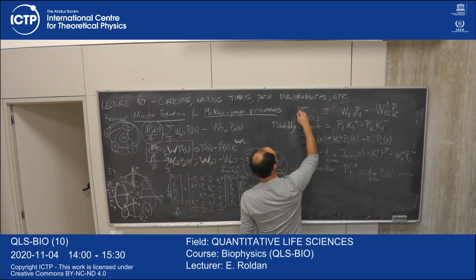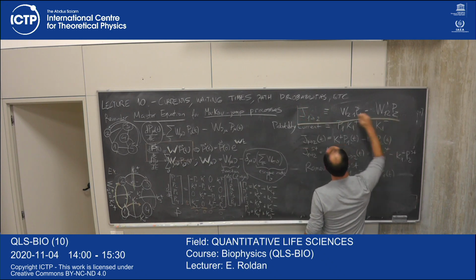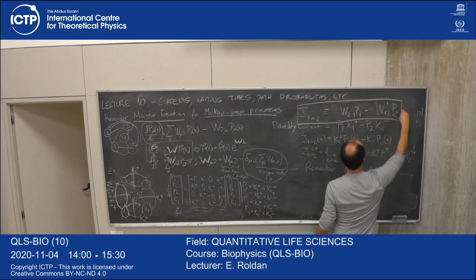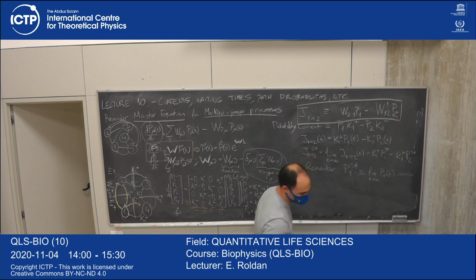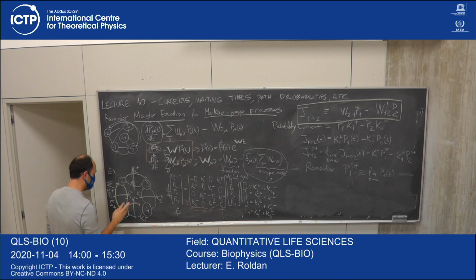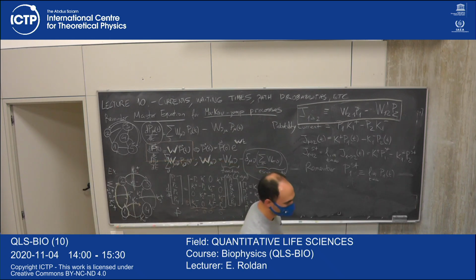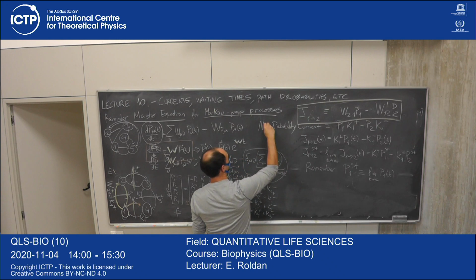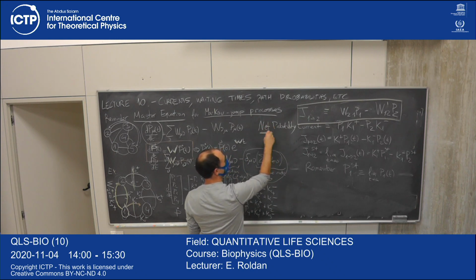This is 1 to 2, this one. But you can define all the other currents, any current you want here. You can also define 2 to 1. Why is there the negative sign? Because it's the net current. Very important, net. It's the net probability current.